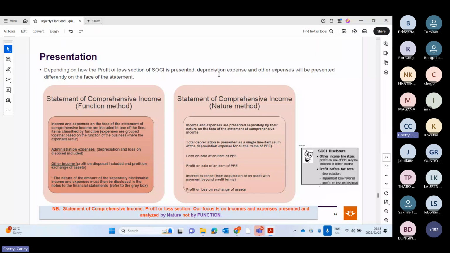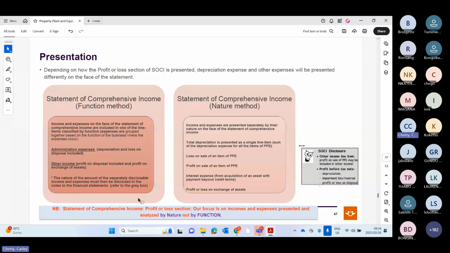So we'll have those expenses relating to administration, and depreciation and loss on disposal will be included there. Other income under the function method would include things like profit on disposal and profit on exchange of assets. The nature and amount of the separately disclosable income and expenses must then be disclosed in the notes to the financial statements. Okay?